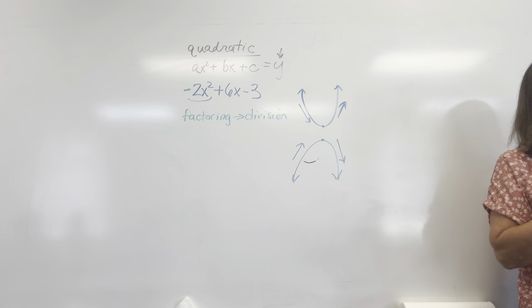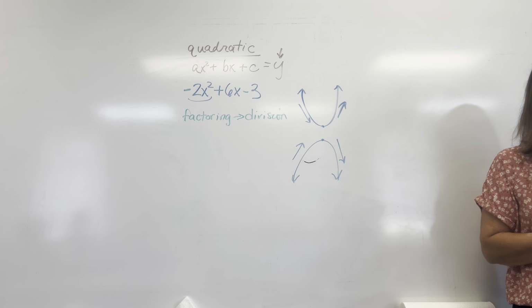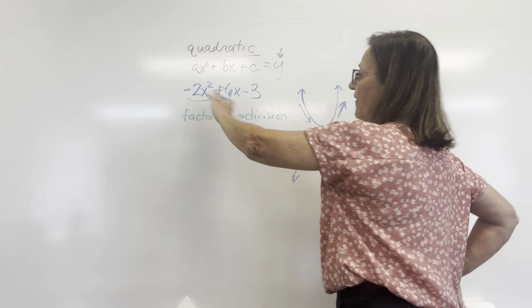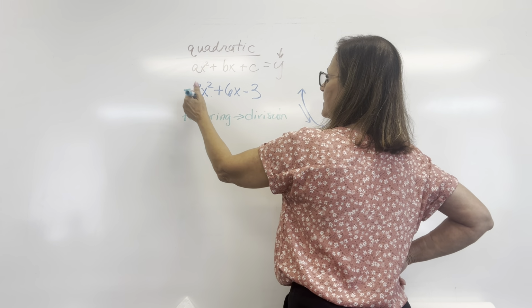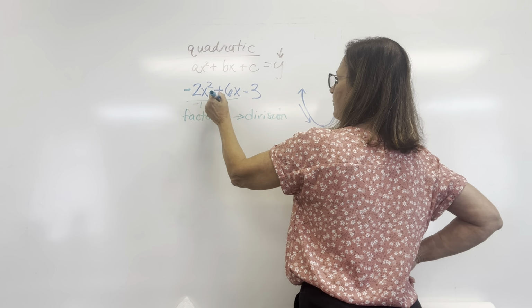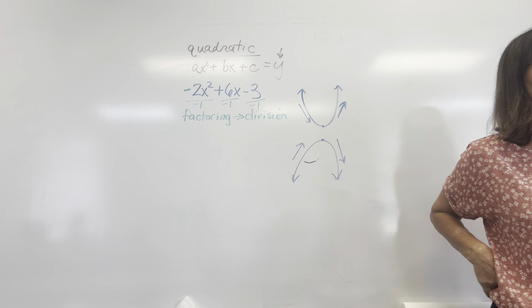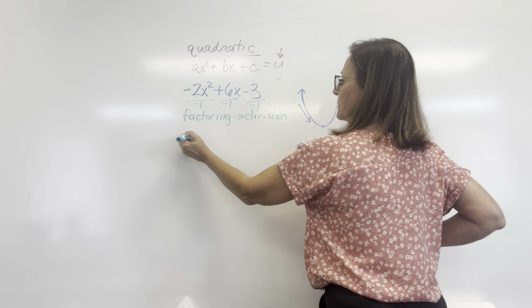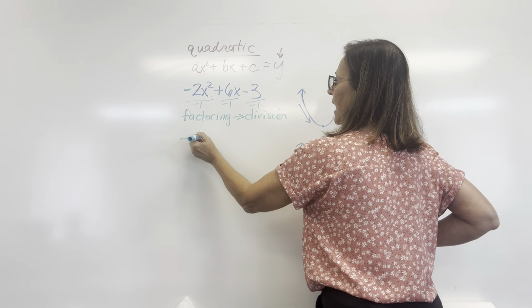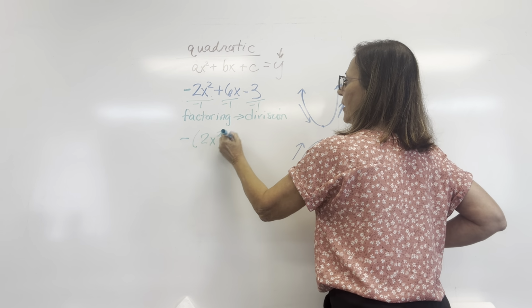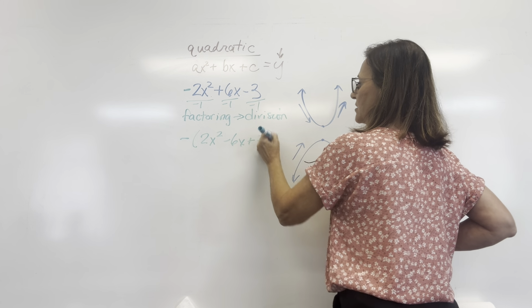We're dividing when we factor. If I were to factor out the negative in this one, I would divide every term by -1. Or I could just simply change every sign, and it becomes a negative on the outside, 2x squared minus 6x plus 3.